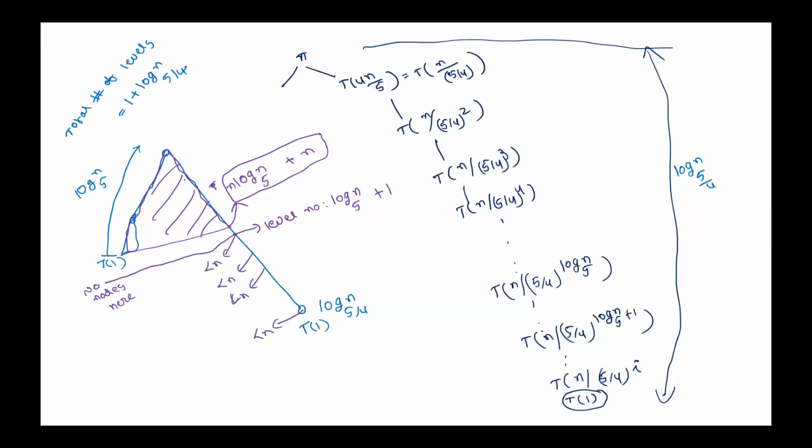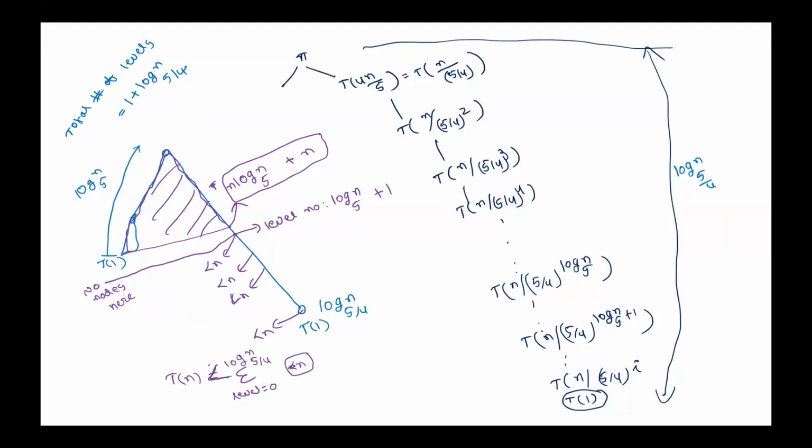Now we add for all levels. So what is T of n? Sigma over level number 0 to log n base 5 by 4 of less than n. By generalizing this, we can say less than n. That means the amount of work is strictly less than this.